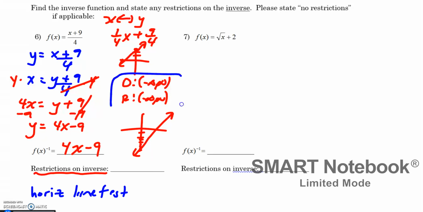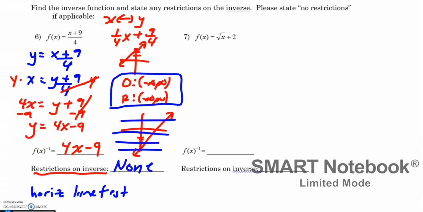If your original function has a domain and range that are not restricted, it means that the inverse will also have a domain and range that are not restricted. So are there any restrictions on the inverse, which is also a line? No, there are no restrictions at all, because this inverse passes the horizontal line test. There's never a chance where the horizontal line crosses the graph more than once.